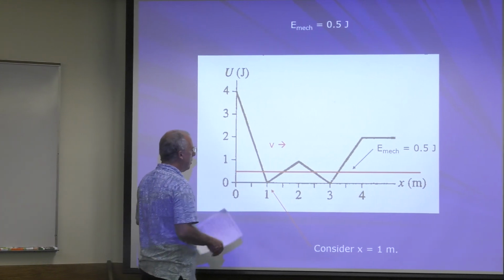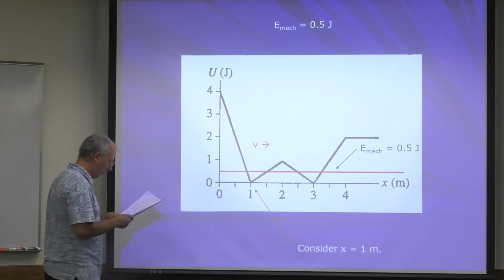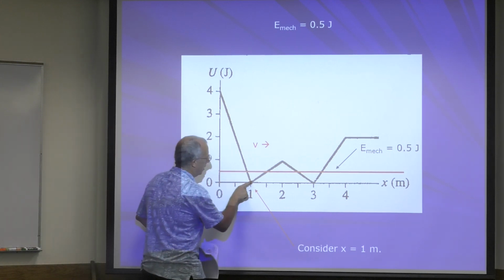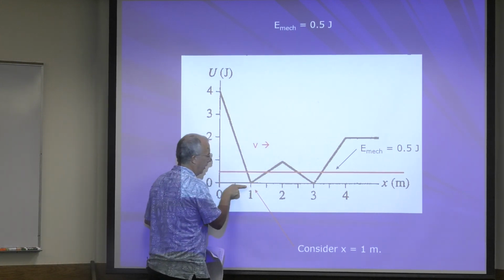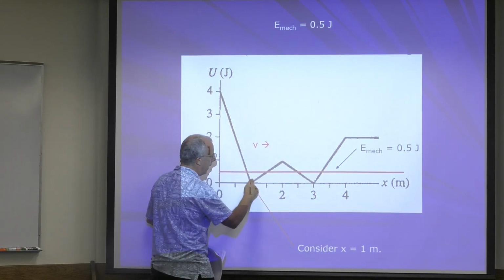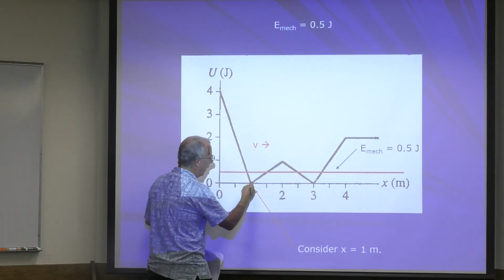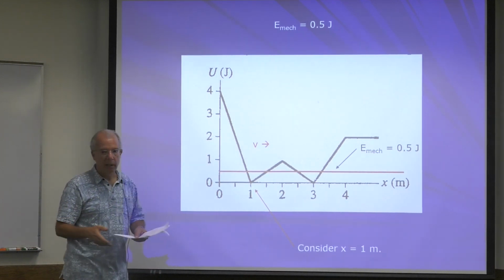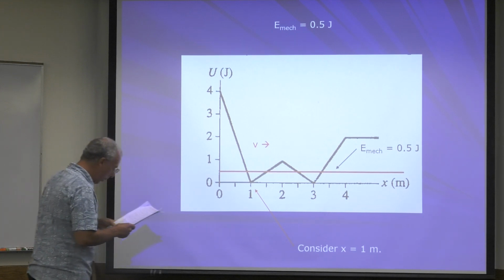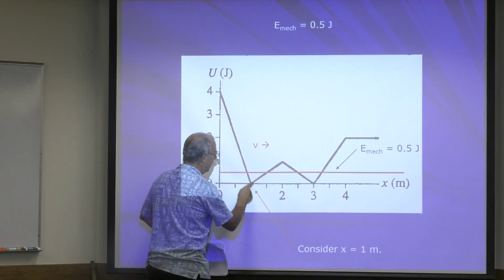So what's going to happen when the particle moves away from x equals 1 meter? All right, so it's going to either go this way or this way, right? But what's happening when it goes this way, what's happening to the kinetic energy? It's getting smaller. What happens if it goes this way? The kinetic energy is still getting smaller, right? So the kinetic energy is getting smaller, and the potential energy is getting bigger, right?